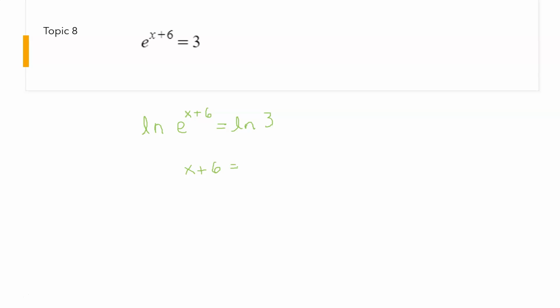And the natural logarithm of 3, if you use your calculator, will be 1.0986. So x will be equal to 1.0986 minus 6, and that will be exactly negative 4.91, in case that you are asked to round your answer to the nearest thousandth.